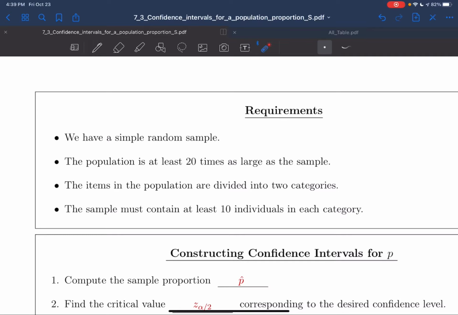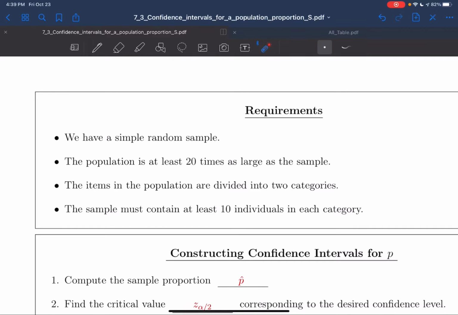The population is at least 20 times as large as the sample. The items in the population are divided into two categories, and the sample must contain at least 10 individuals in each category. If all of these are satisfied, then we can continue in computing our confidence intervals.